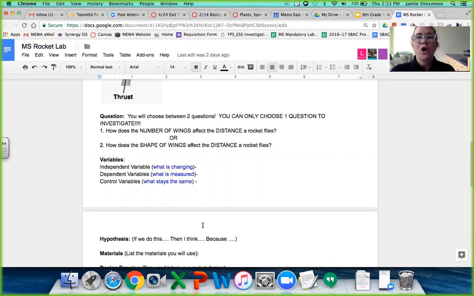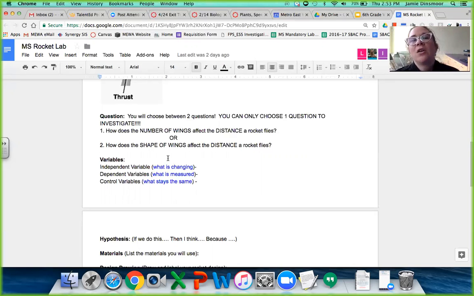And the end of the nose has like this cushy red thing on it so that when it hits something, it won't break. And it doesn't have any wings yet. We're going to be doing the wings. So the way we're going to launch these rockets is we're going to use air. So I got an air pump, sort of like that you use to pump up a bicycle tire. It's going to shoot the rockets through the air.